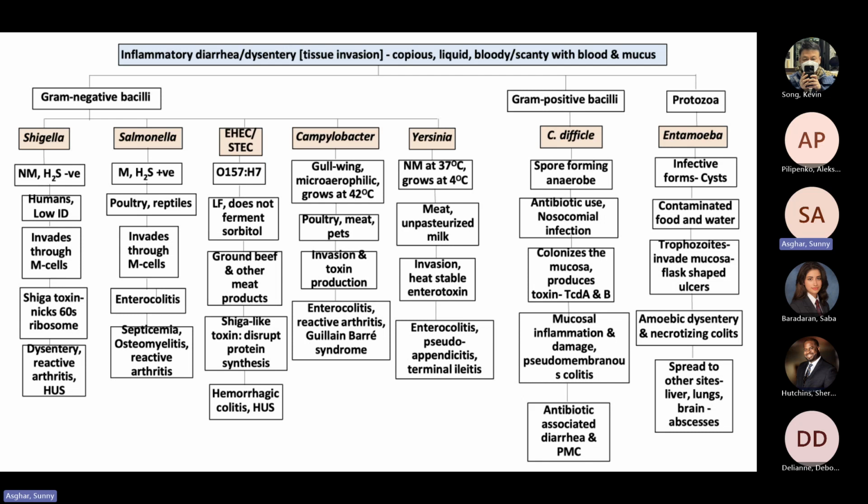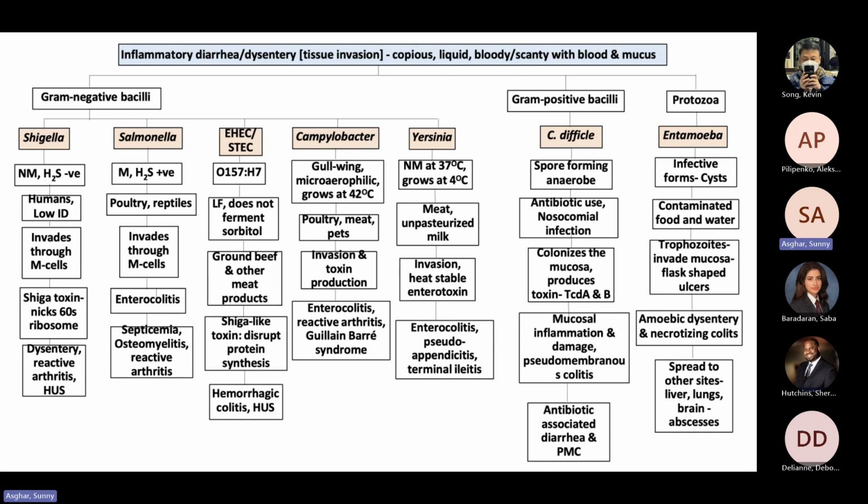And then next, for our last on this, is our gram-positive bacilli and our protozoa, right? So C. diff is a spore-forming anaerobe, and usually we can find it in nosocomial infections. The way that it colonizes is through the mucosa, and it produces toxins, TcdA and B, and that leads to mucosal inflammation, and then you have damage, pseudomembranous colitis.